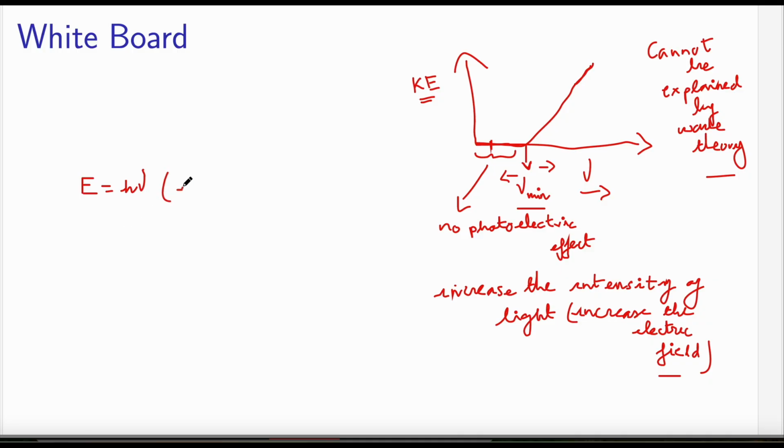Similarly, we know that E by c is defined as the momentum of a photon. Since a photon is particle-like, it will have a momentum. So this is called the momentum of a photon.